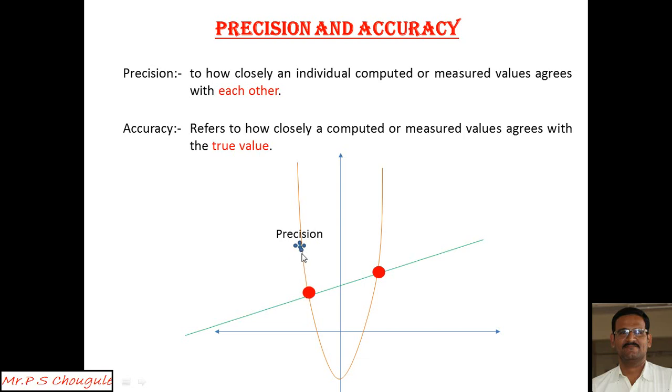So we can say that method is precise but not accurate. But by the other method, if the measured values are in this pattern, then because the values are close to the actual value, we can say they are accurate, and also precise. Actually it is more accurate than the previous one.